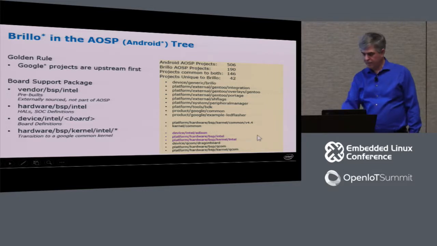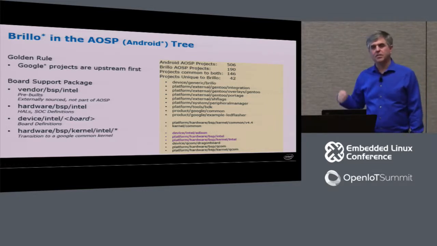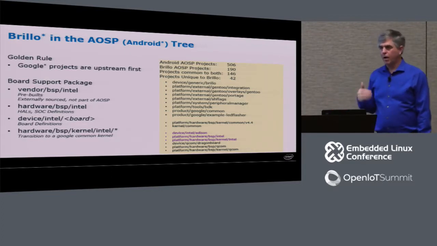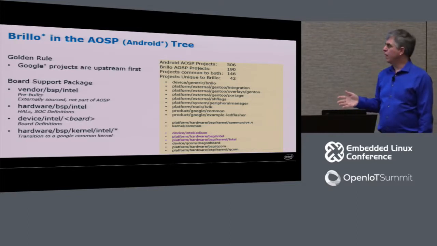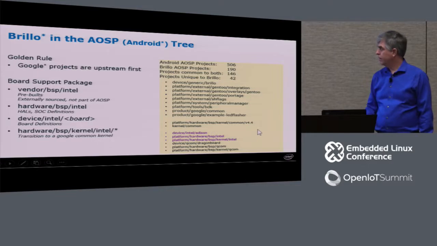What you're seeing at the bottom here are the BSP files for the Edison, for the Minnow, for the Dragonboard, and other boards. It takes one or two repositories per board really to bring an additional BSP into Brillo. We also have the common kernel right here that you see.